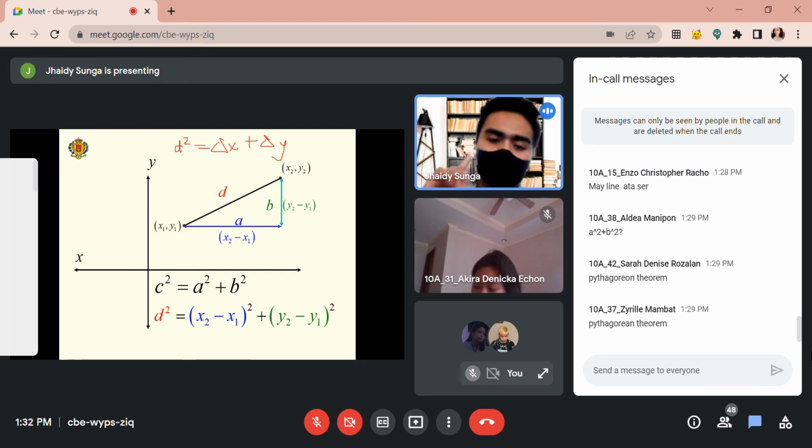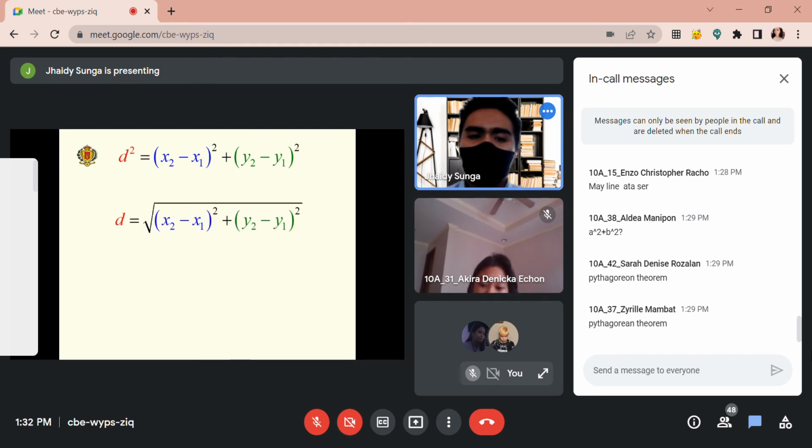But the question is, from this formula, it has the square. Don't forget that. The only thing that matters is d, but in this part we have a square. So what we are going to do is take the square root in order to eliminate the square, because if we square the left side as well, we diminish the square.